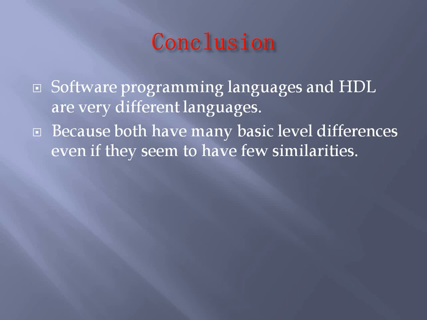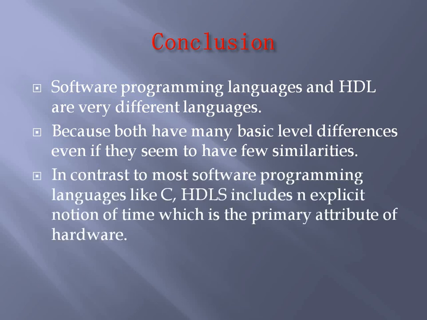We have seen VHDL, Verilog, and C programming and HDL also, and those differences you know very well now. And in contrast to most software programming languages like C, HDLs include an explicit notion of time, which is the primary attribute of hardware.